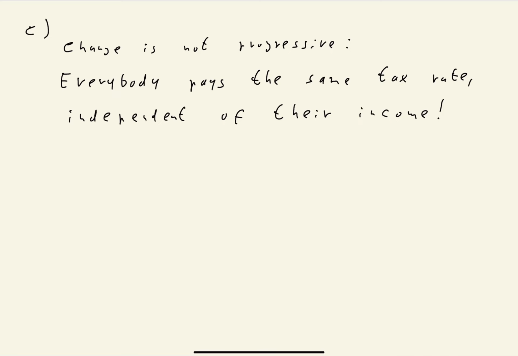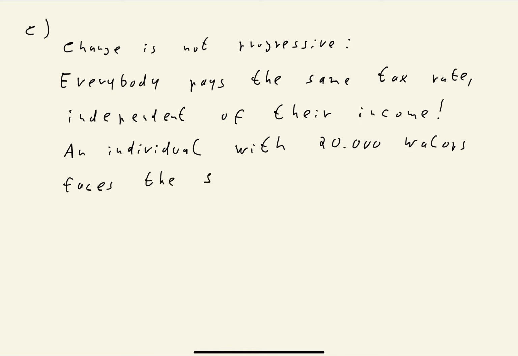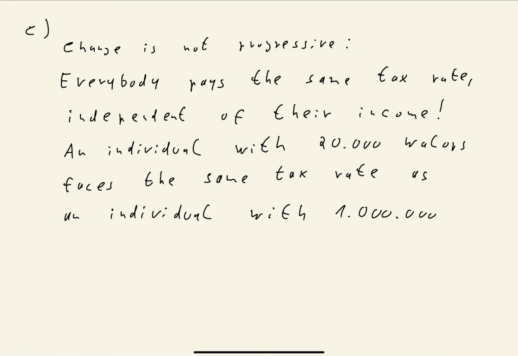So let's just give an example. An individual with 20,000 values pays or faces the same tax rate as an individual with, for instance, 1 million values.